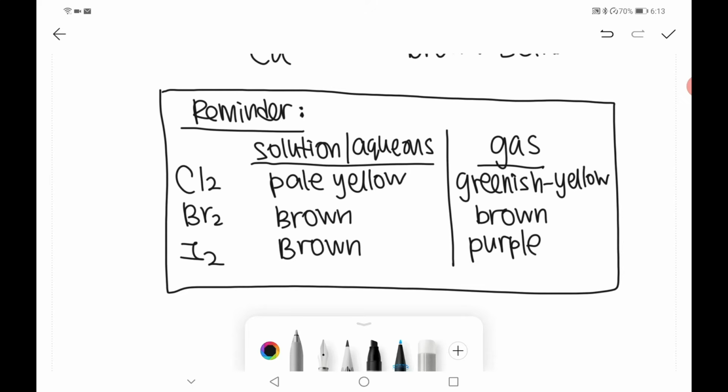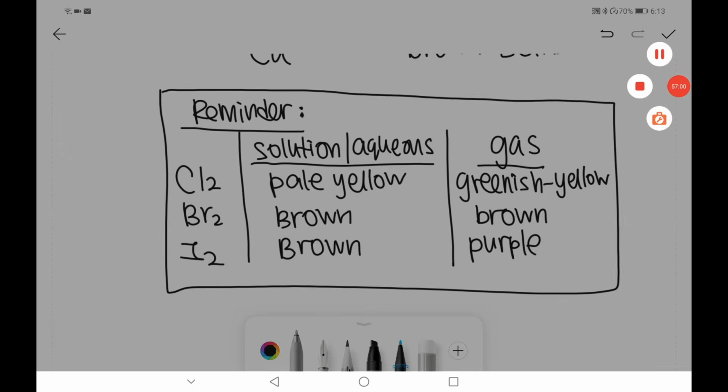Please be very careful with the color of the halogen, whether the halogen is in solution form or in gas form. The color is different, so don't mess up and don't confuse this.